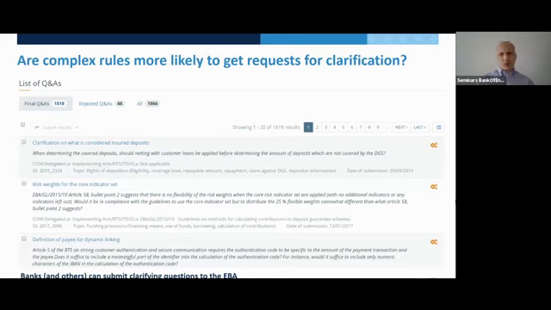And we also wanted to validate whether the measures are sensible, whether they can actually be used, and whether they measure what we think they measure. In order to do that, we used questions and answers which are posted on the EBA's, European Banking Authority's, website. Here you can see an example of these questions.